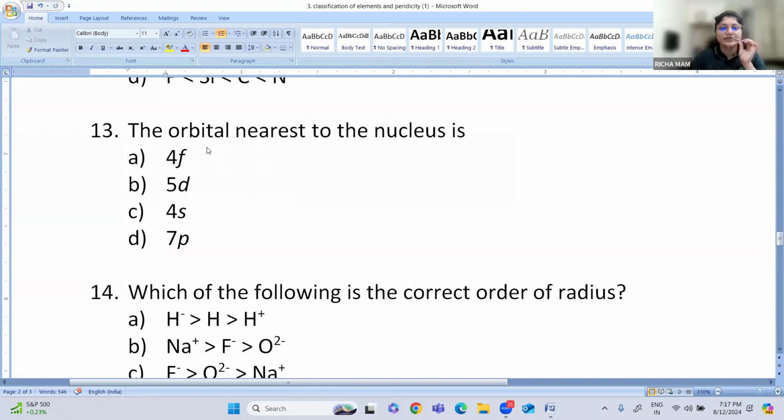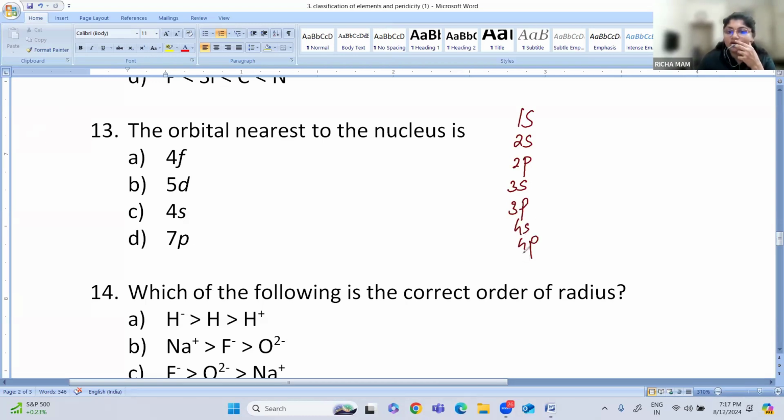Can you tell me? We will go for the 13th question. The orbital nearest to the nucleus is. Which is the orbital nearest to the nucleus? So this is based on the above principle. So 1s, 2s, 2p, 3s, 3p, 4s, 4p.